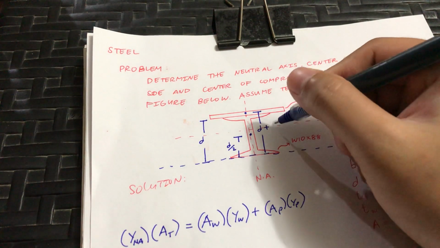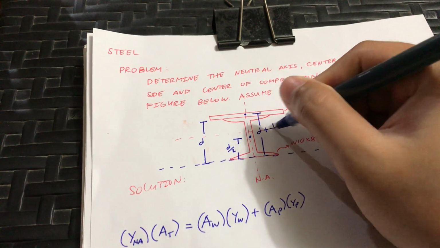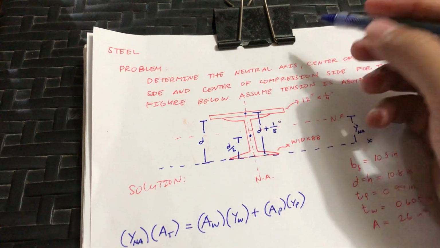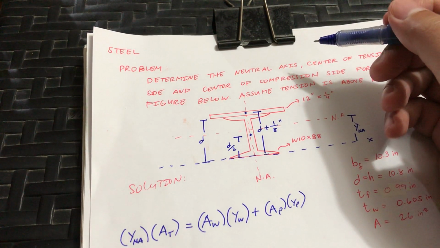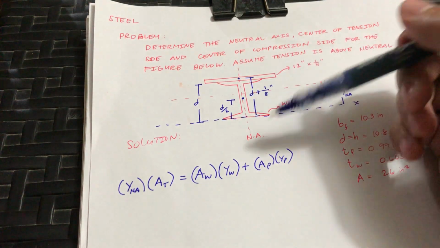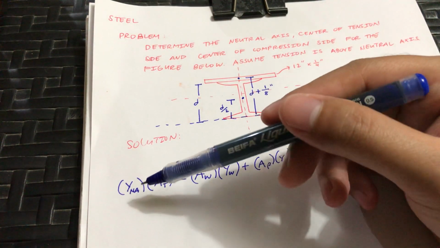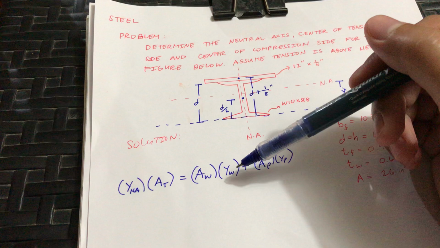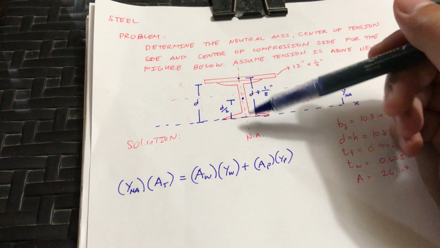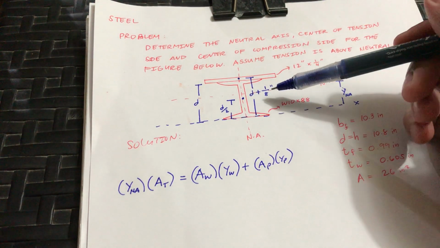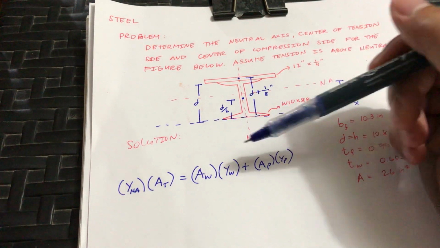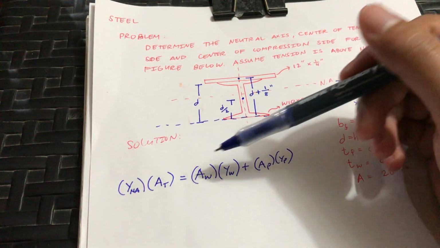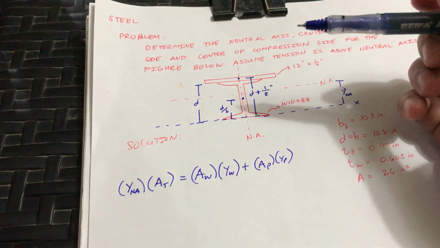So half of 1/4 is 1/8 inches. So that is d plus 1/8 inches. Okay. So we now have the y values. We have the y of the flange, which is d over 2. The y of the plate is d plus half of 1/4, or 1/8. We now need the areas of the wide flange and the plate.